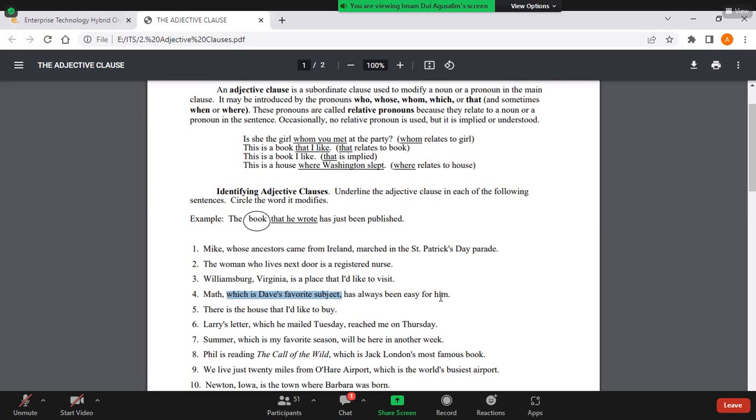Read the adjective clause. Is it difficult? Come on.